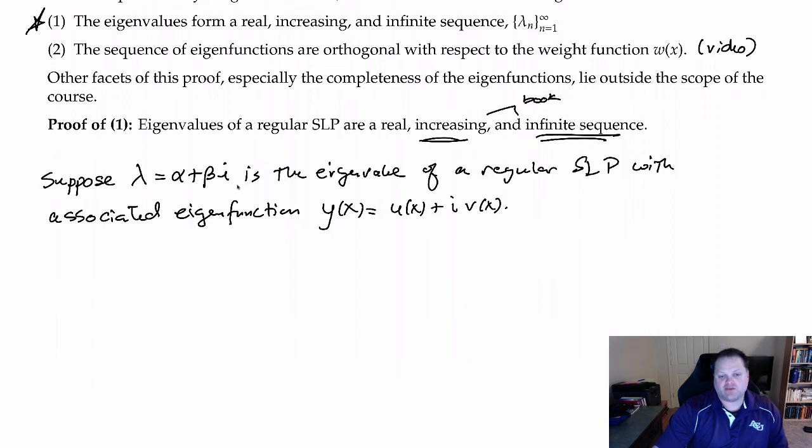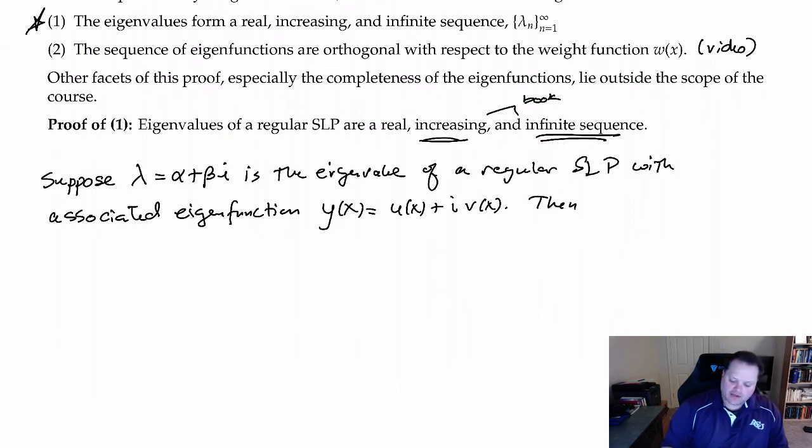We're going to suppose that the eigenvalue is complex and that it has a complex valued function of a real variable, y of x equal u of x plus i v of x, as its associated eigenfunction.